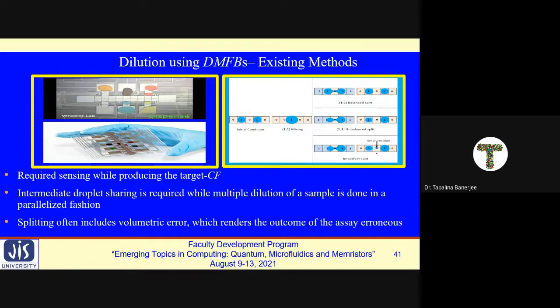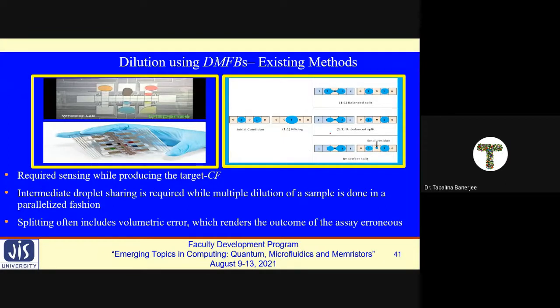Different types of volumetric errors are there. If a 1:1 balanced split occurs, then fine. But if an unbalanced split occurs at the end of splitting, then you can see different volumes. Obviously, this will propagate to the next layer when these droplets are used. And here, we can see a small residue, the imperfect split.